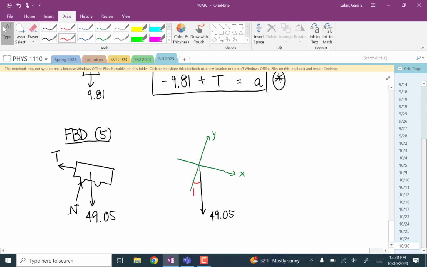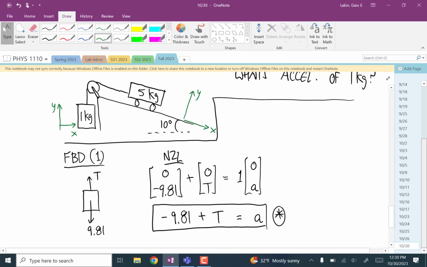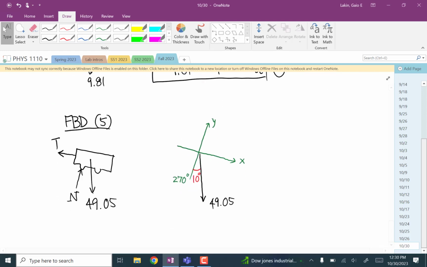And this angle between, so the negative y-axis is the 270-degree line. Since the ramp is 10 degrees from the horizontal, this weight force is going to be 10 degrees from that 270 line. And now you can use that to think, are we going to add or subtract 10 degrees from 270?